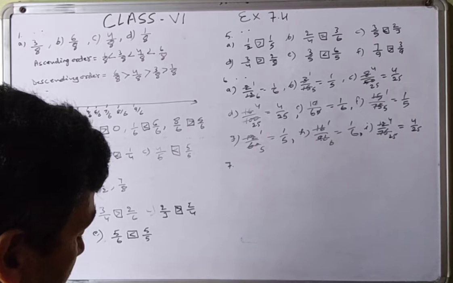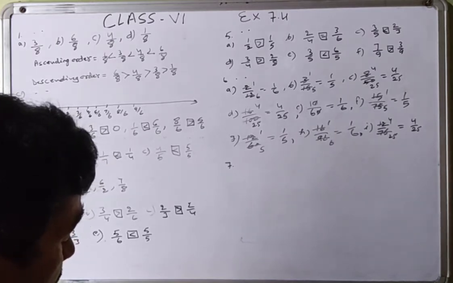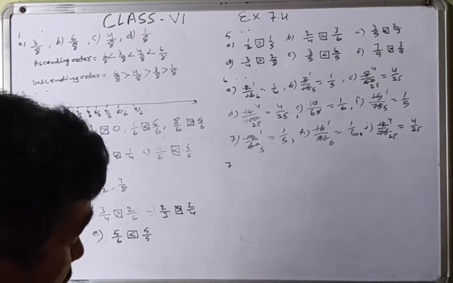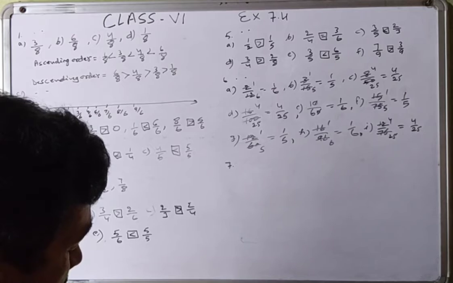C part, is 4 upon 5 equal to 16 upon 20? Yes, because 16 upon 20 is also 4 upon 5 by reducing. Is 1 upon 15 equal to 4 upon 30?